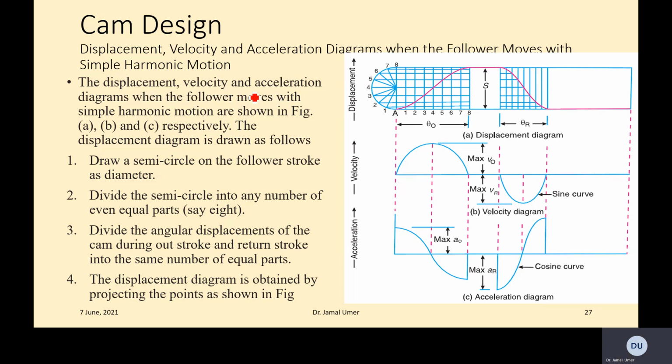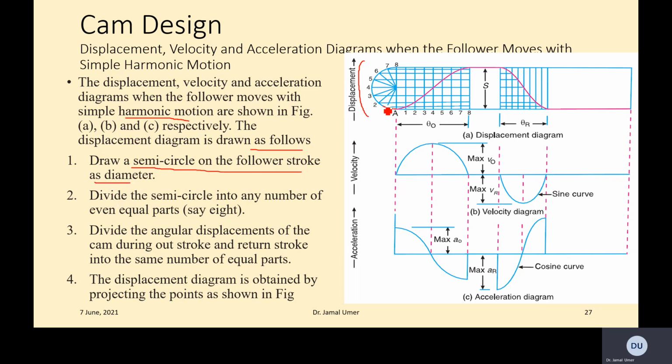The displacement, velocity, and acceleration diagrams when the follower moves with a simple harmonic motion are shown. The displacement diagram is drawn as follows. These are the steps to draw this displacement diagram. Draw a semicircle with the follower stroke as diameter.